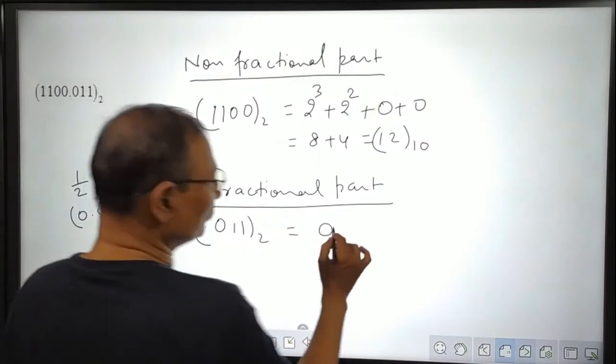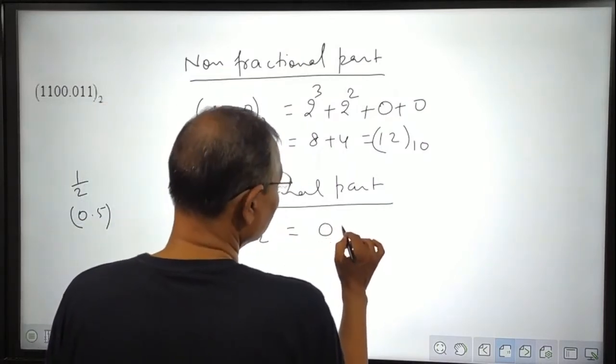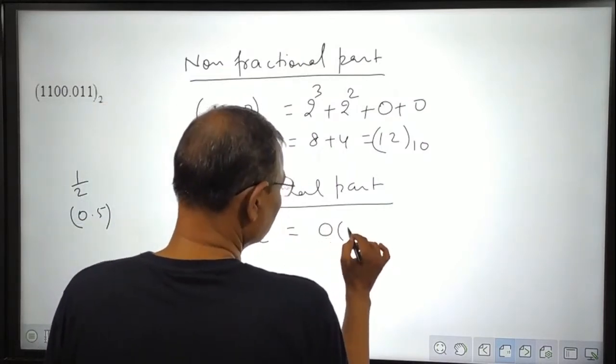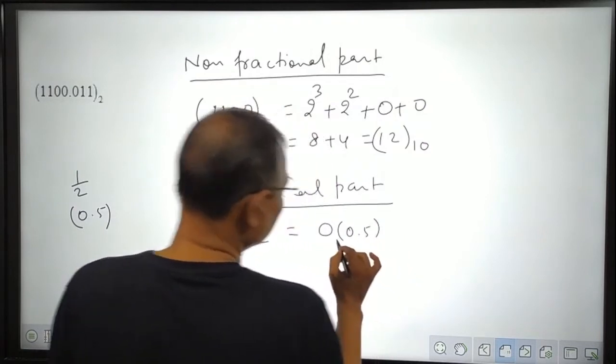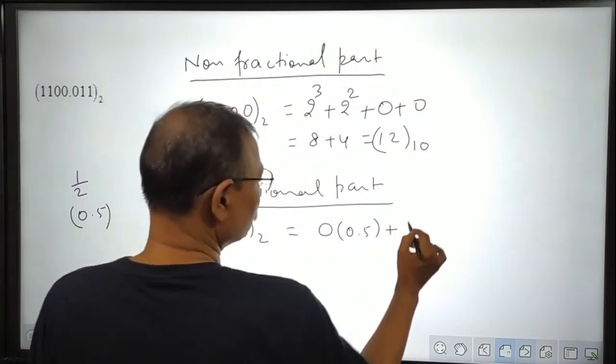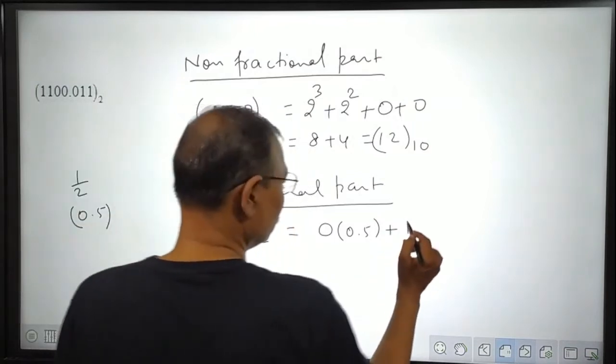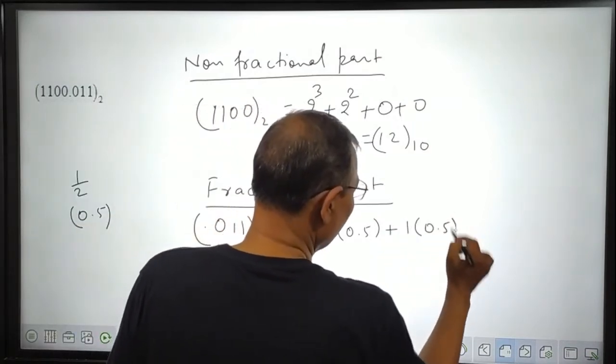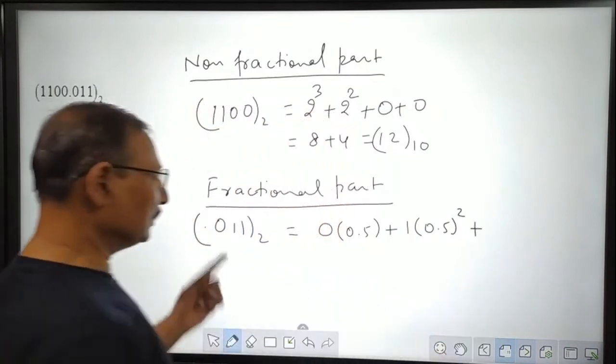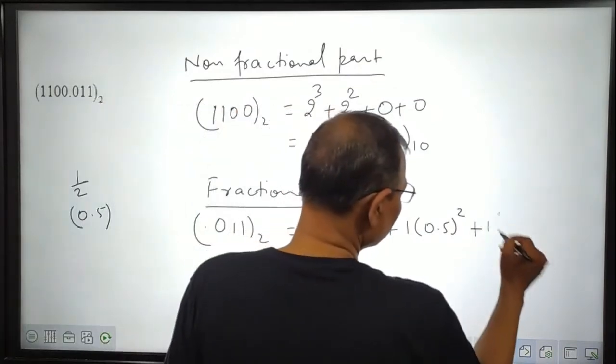So this is to be multiplied by 0.25, 0.5, and later on this one is to be multiplied by 0.5 square, and similarly this one we multiply by 0.5 cube.